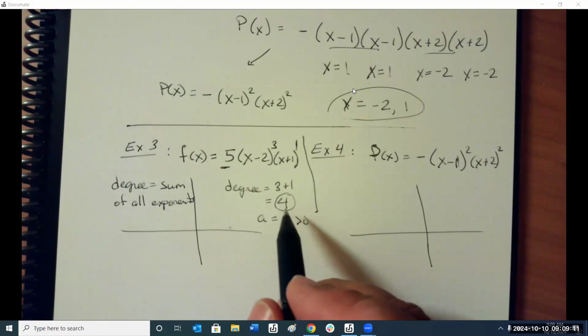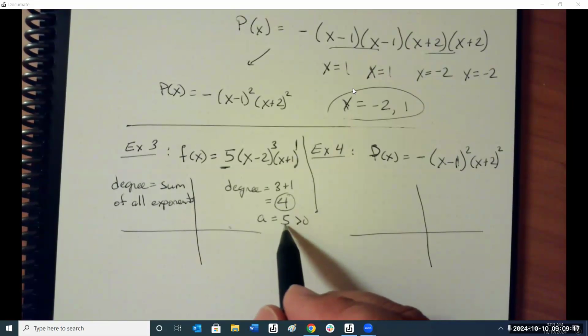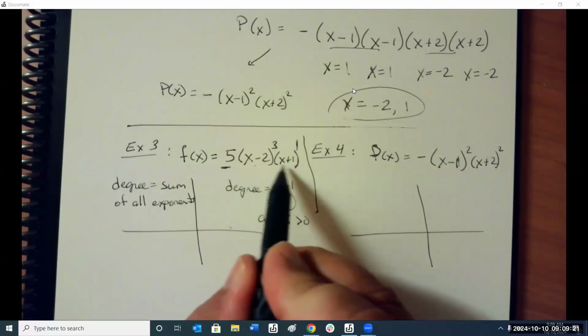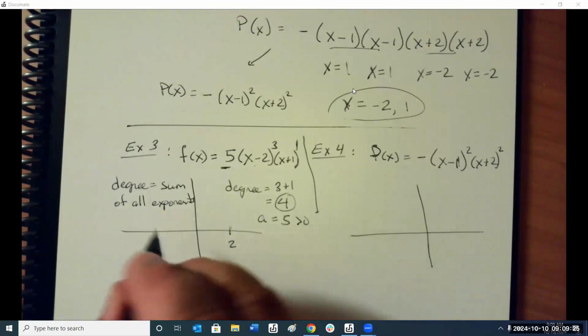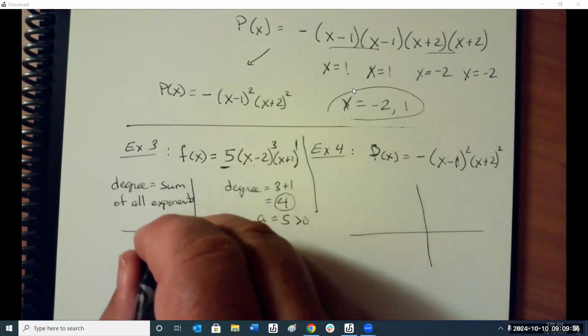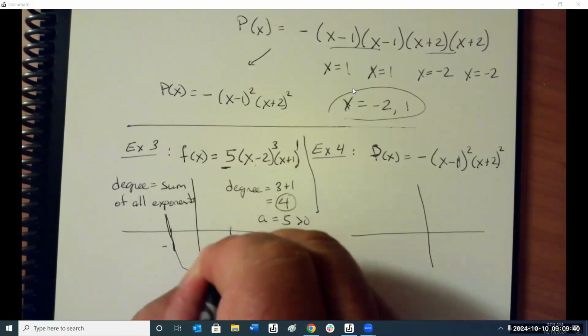So remember what that means? If the degree is even, they both point the same direction. In this one, they both point up. But we only had two solutions here at x equals 2 and x equals negative 1. So this graph looks something like this.